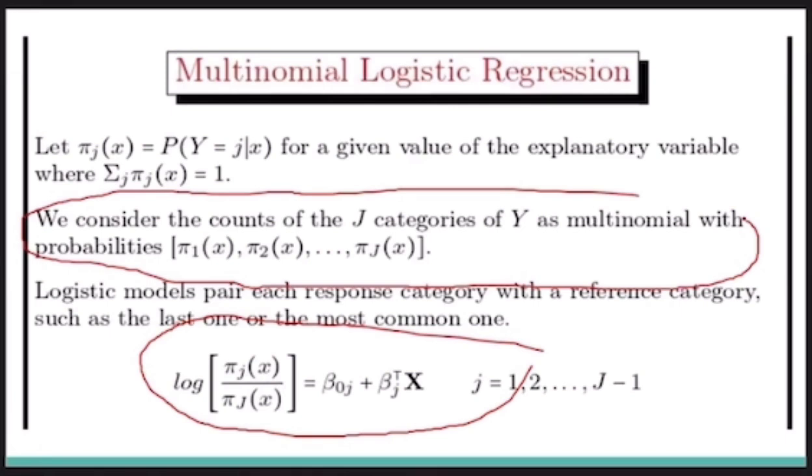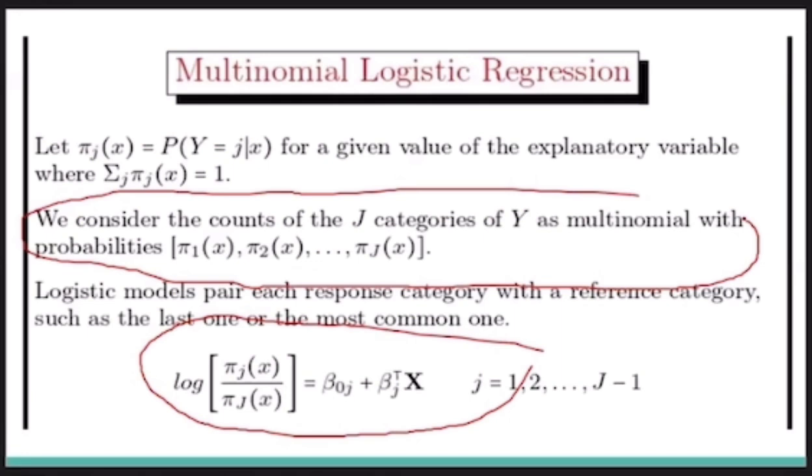Each category has its own probability. So pi 1x is the probability for category 1. If we're talking about race, how many African Americans are in this community? The probability of African American is the number of them divided by the total. So pi 1x, pi 2x, up to pi Jx, each of these pi represents the probability of each category.